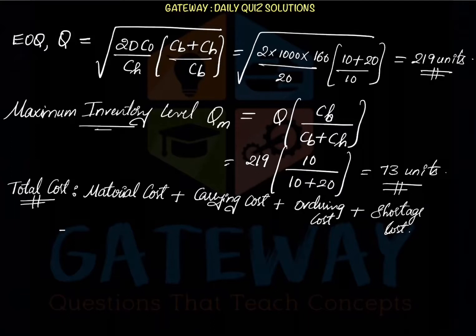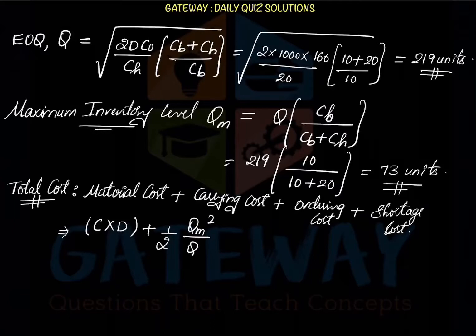shortage cost, and that comes out to be: material cost is generally given by unit cost, nothing but it is denoted by C here, into the annual demand, plus carrying cost, it is generally half into QM, nothing but maximum inventory, square, upon Q into CH, that is the holding cost or the carrying cost. And ordering cost, generally ordering cost is demand upon the inventory into ordering cost.